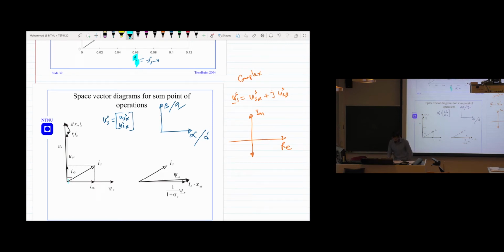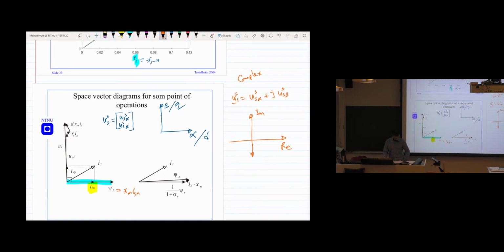This means we have the rotor field here, and the alpha component of the current is giving the rotor field. That's what we have already seen, right? If you remember psi r, it was x_m, yeah, x_m times the alpha component, something like that.